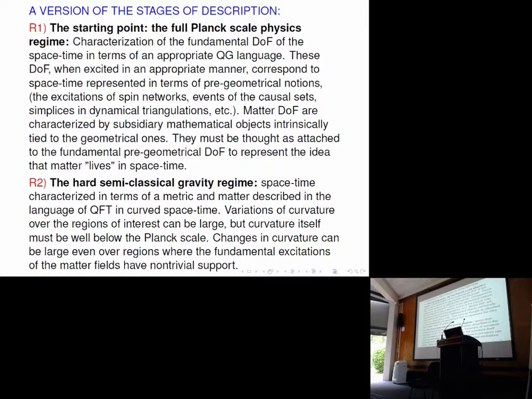But this initial semi-classical regime may be such that variations of curvature are very large over the regions of interest. The curvatures themselves may be small compared to the Planck scale, but they would vary widely, more or less like in the picture I showed before, over the regions over which the fundamental excitations of matter live. That is a very hard regime to talk about.